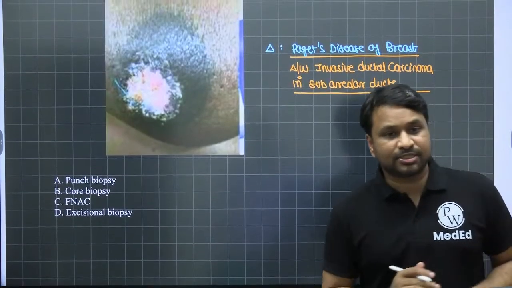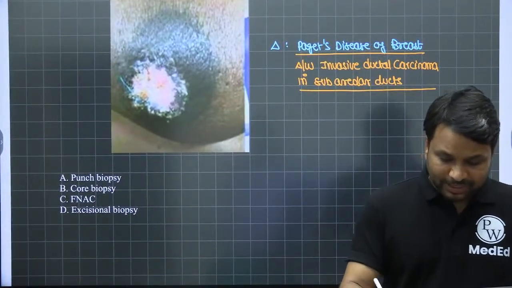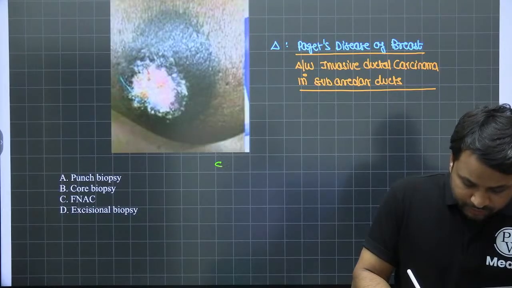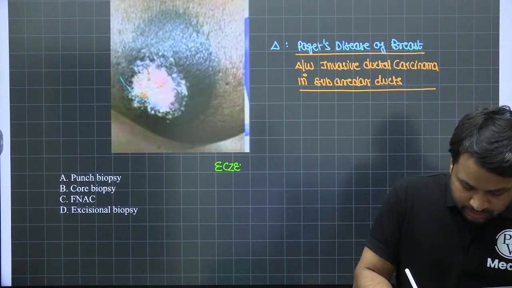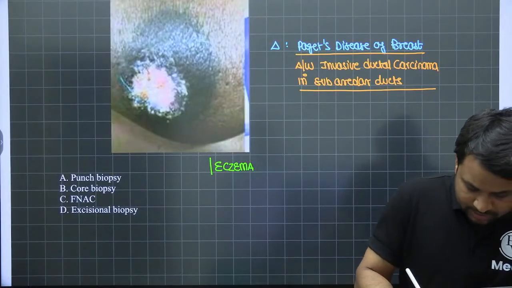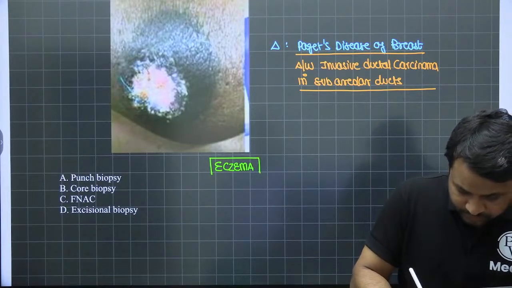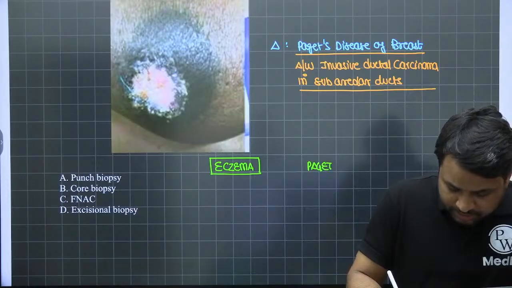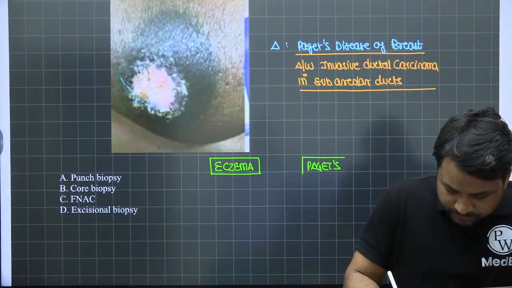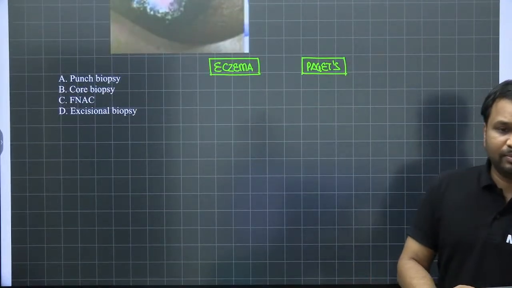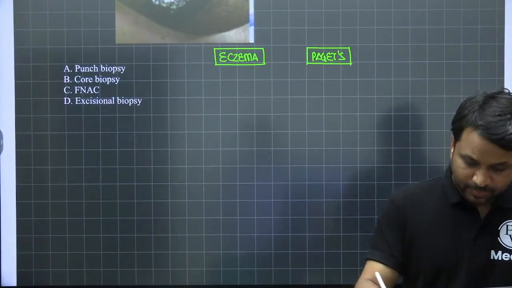Usually, Paget's disease is compared with eczema of the breast. So how do you differentiate a regular eczema that arises in the breast from Paget's disease of the breast?